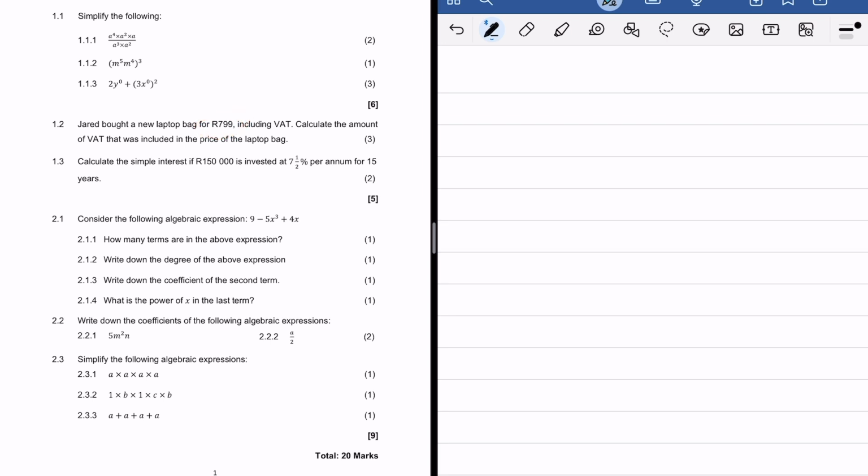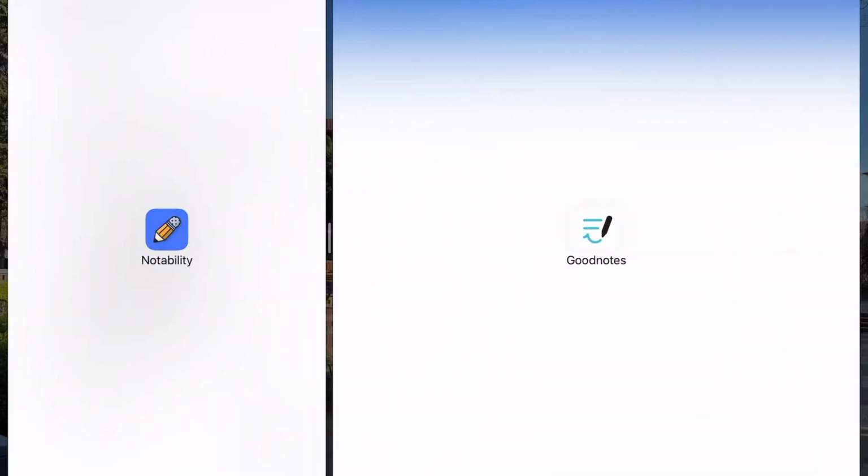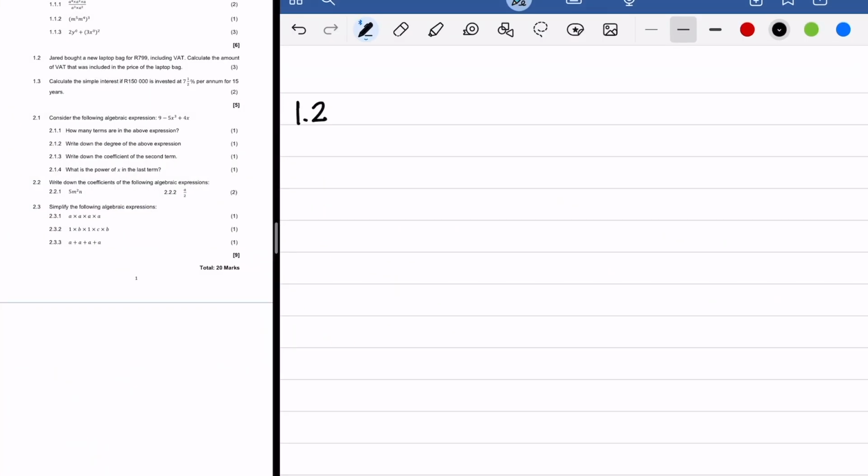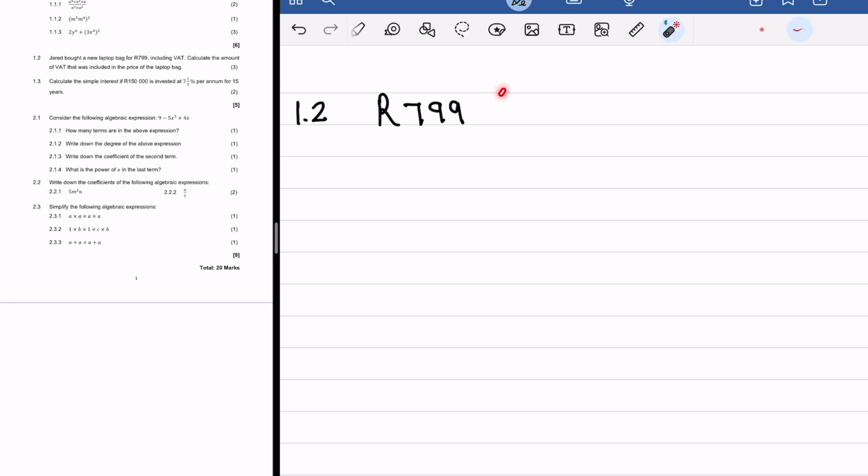They actually want what is the VAT that is included in this amount that they gave you. So they are not looking for you to calculate an amount including VAT. They're also not looking for you to calculate an amount excluding VAT. They actually want the amount of VAT, and that requires us to do one of those two calculations that I just mentioned, and that is, if I have been given the VAT inclusive amount, it means that VAT is inside this amount already.